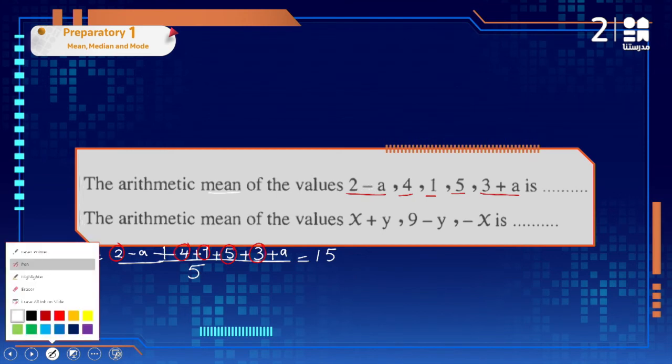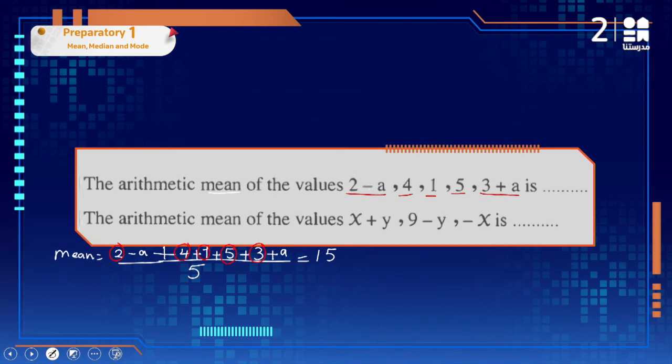Here we have negative a and positive a. They will cancel each other. We got 15 over 5. 15 divided by 5 is 3. So the mean is 3.